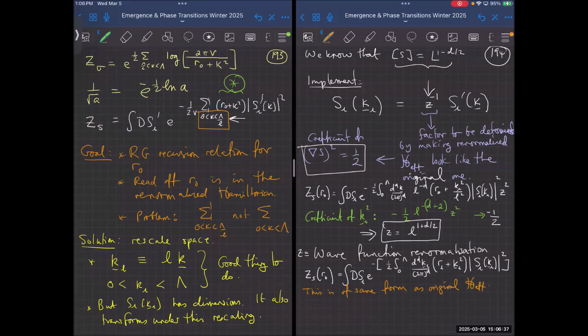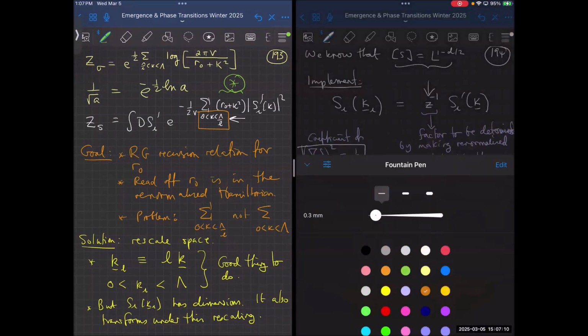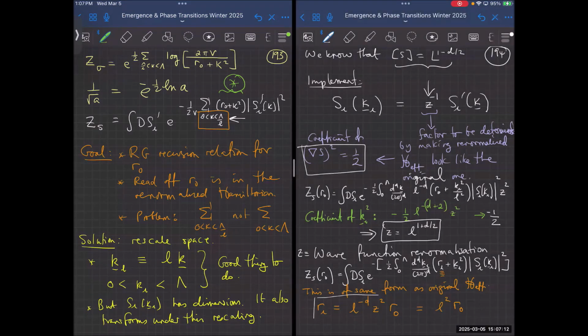And so I can read off that R_L, the coefficient here, the T minus T_C coefficient, is equal to L to the minus d times Z squared times the original r naught. And then because of the way that Z squared scales, it has a factor of d in it that cancels that out. And so I simply get L squared times the original r naught. So this is the recursion relation for the coefficient, the coupling constant of the quadratic term.